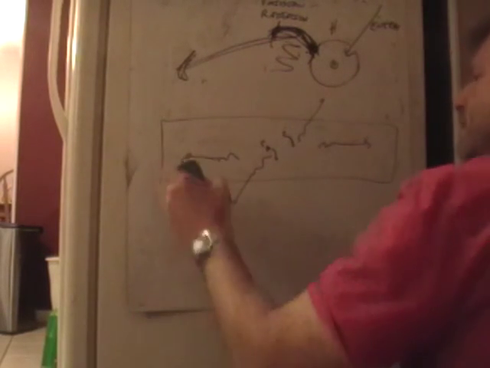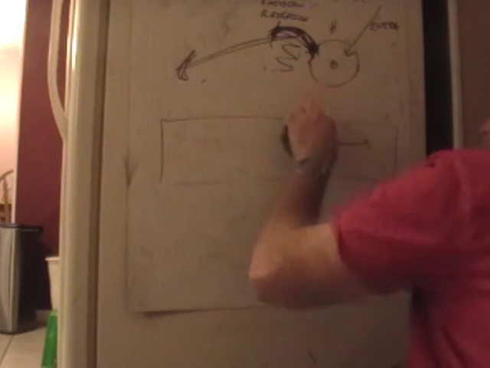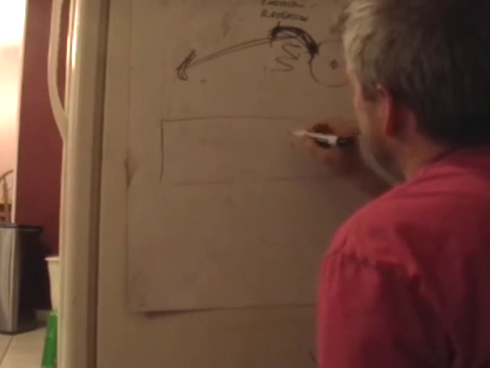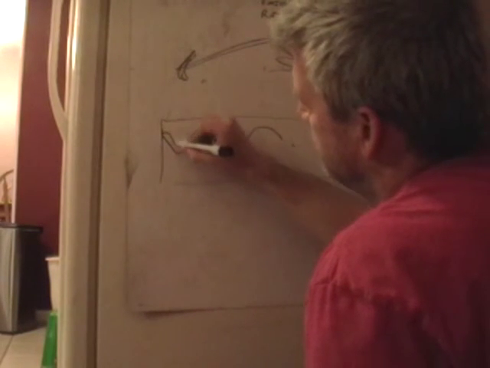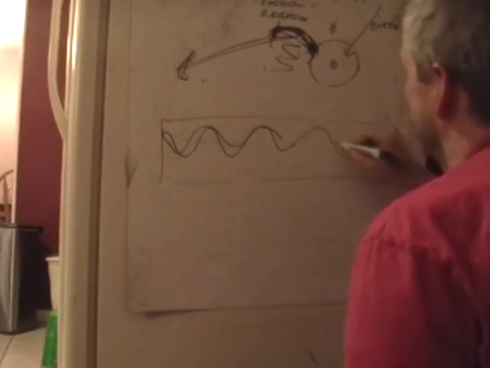So now this rod's pretty short, and this stuff's all moving at the speed of light, so they're moving pretty quick. So I get a wave that goes boing, boing, bounces back and forth.